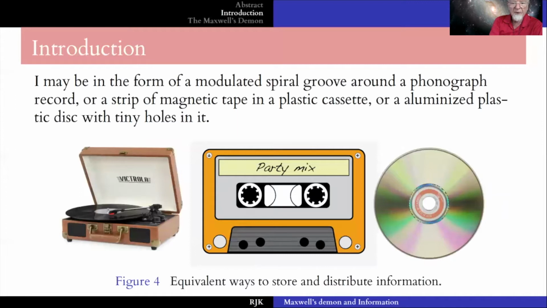It may be in the form of a modulated spiral groove on a phonograph record. That's one way to get sound out. Or it could be in the form of a strip of magnetic tape in a plastic cassette. You would get the same material that you got out of the record, or something very close.